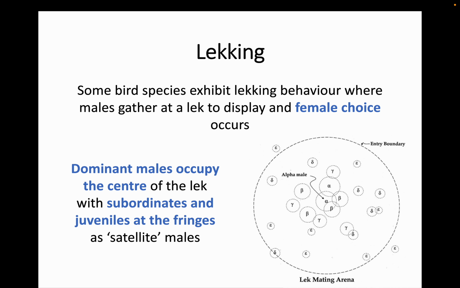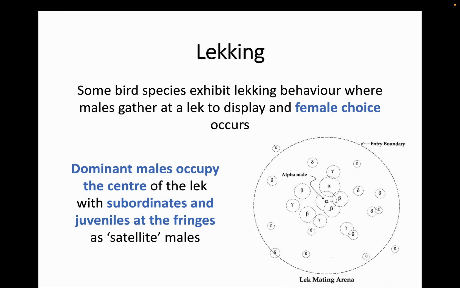In the middle of this lek, you're going to have the alpha male. They're then going to be surrounded by males that are up the hierarchy, but not quite at alpha stage. And then as you go towards the edge or the fringes, you're going to have the subordinates and the juveniles. And we refer to these as satellite males, as they're just going around the outside. So essentially you have this ring of birds called a lek.